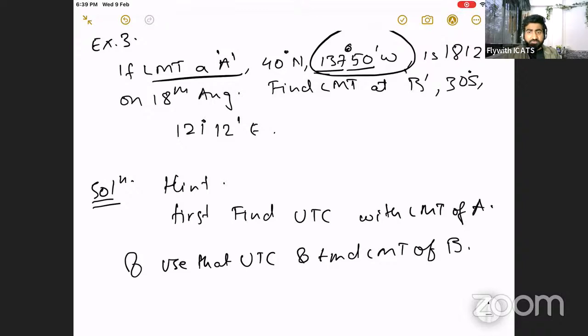Okay, Vivek. So what about answer? Answer looks correct. Values are correct. But I want to know, how did you get your UTC? Correct.